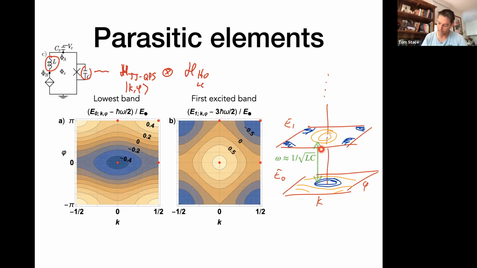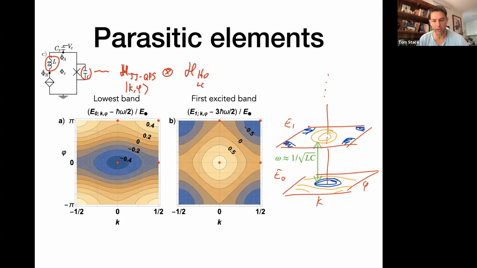Here's the next excited band with a maximum at the center and minima at the corners. And the transition between these 2 bands happens at a frequency that's approximately 1 over root LC, the harmonic oscillator frequency. So you should think of this as a stack of energy bands that have the property that all of them have extremal points at those 4 coordinates in the band structure.